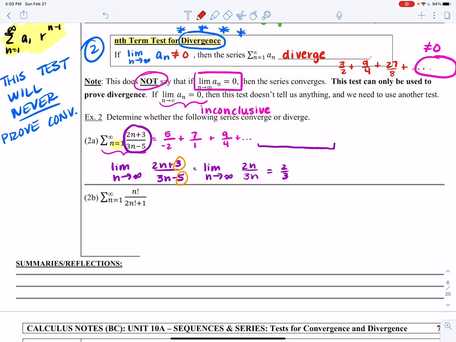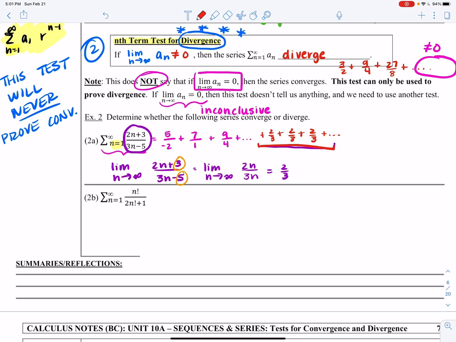As you get way out here towards infinity, these terms are going plus 2/3, plus 2/3, plus 2/3. How can I have a sum if I keep adding 2/3? You can't. You can't have a sum if I keep adding 2/3. Okay? Now, is it really exactly 2/3?